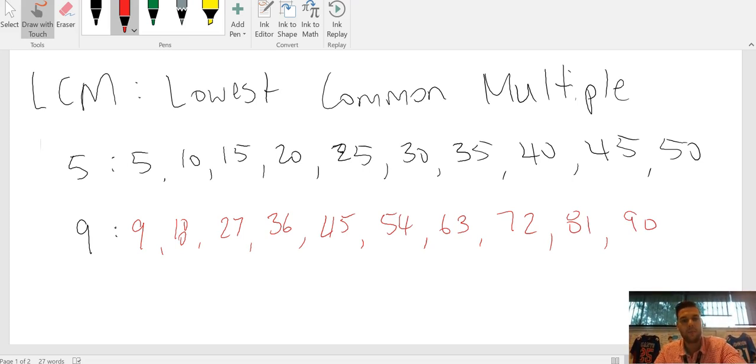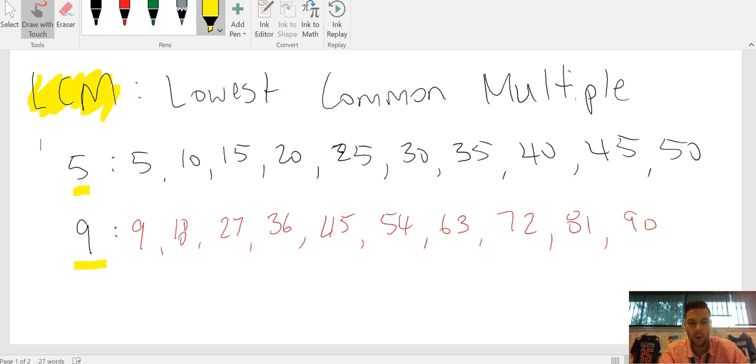Alrighty, so now we need to go through and find what is my lowest common multiple. What is the lowest number that my 5 and my 9 times tables have in common? So 5 and 9 aren't the same, and we've got to go through. We should be able to see this. Now, a clue here: if we're looking at our 5 times tables, I'm looking for the first number in my 9s that ends in 0 or 5.